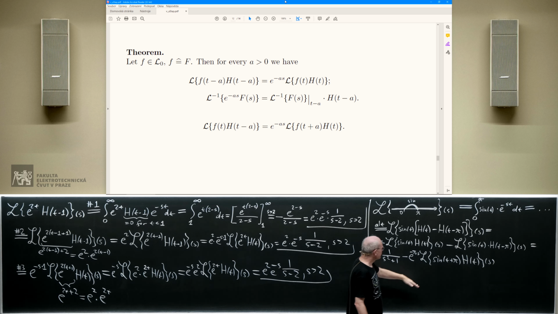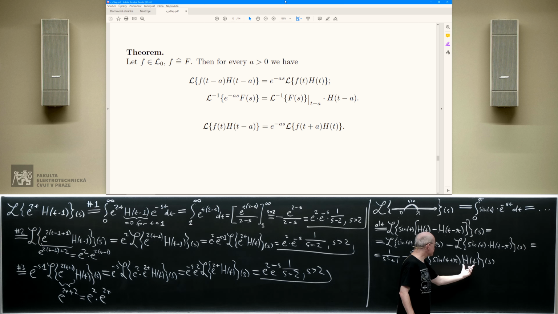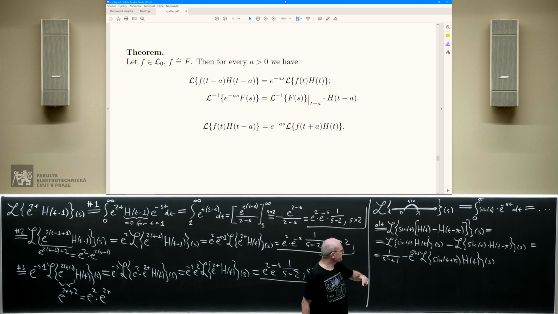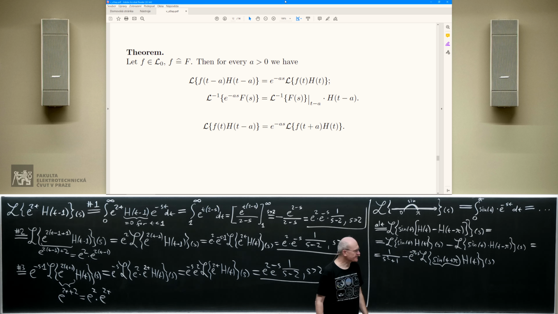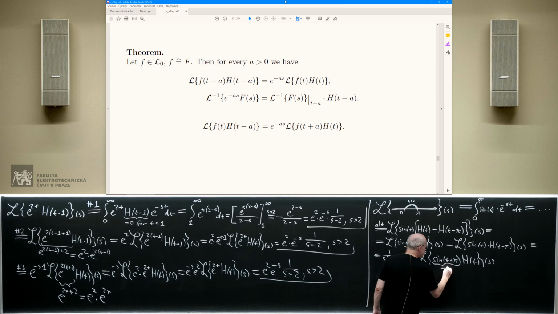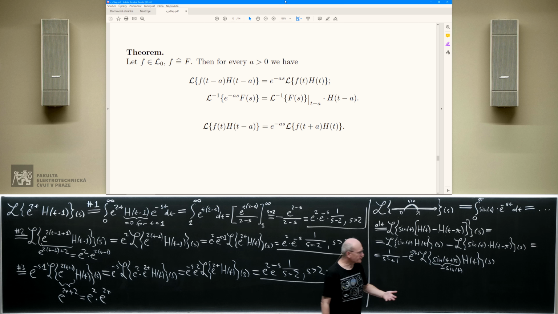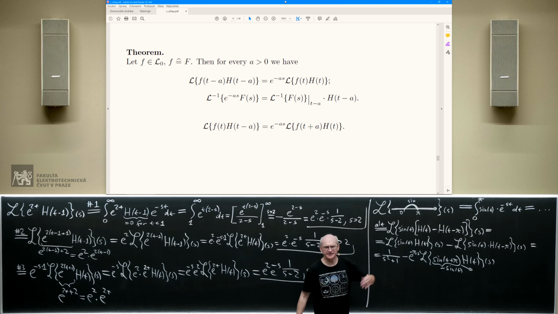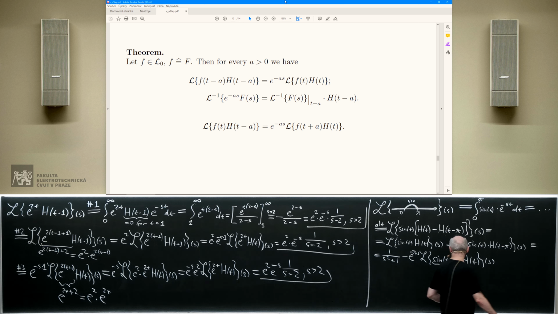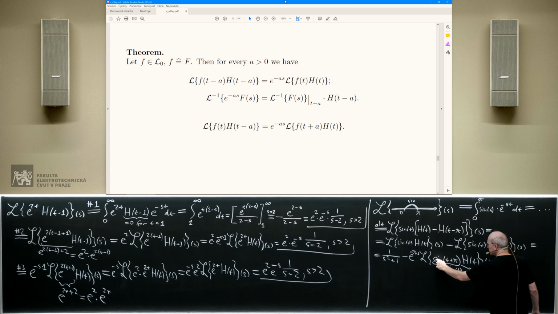Okay. Now I don't have a shift with the Heaviside function, but I have a shift in the sine function. But fortunately for me, this I can handle using algebra. So either you are really familiar with the sine function and you know that this is minus sine t, or perhaps you are not all that familiar with the sine function, but they forced you to memorize some identities when you were a kid at high school, and you remember what is sine alpha plus beta.